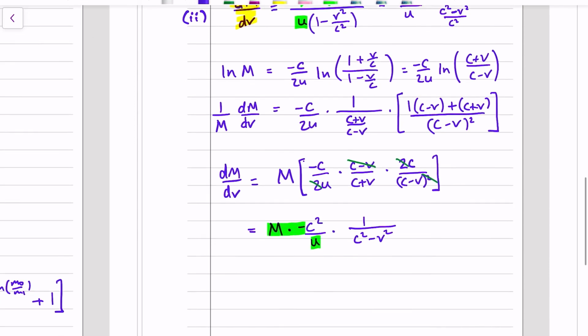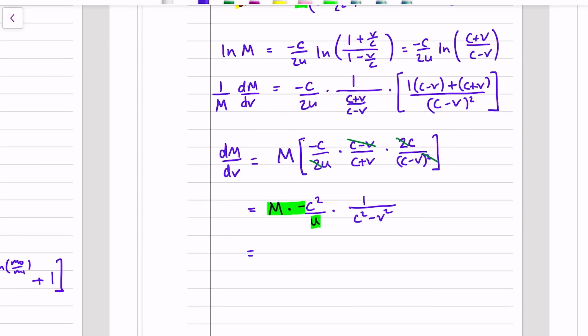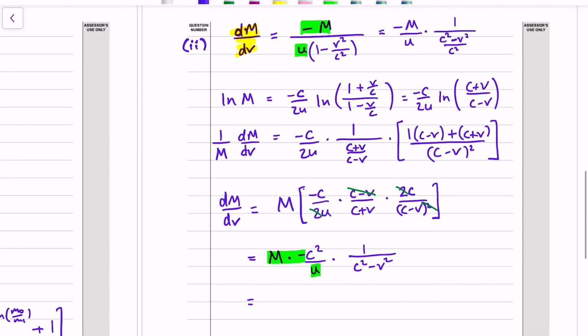So it looks like magic, but what I'm going to do here is, just so the marker doesn't look at you and go, well, you've just fudged that. So I've got minus m over u. I'm going to divide the top by c squared, and I'm going to divide the bottom of the stuff by c squared.